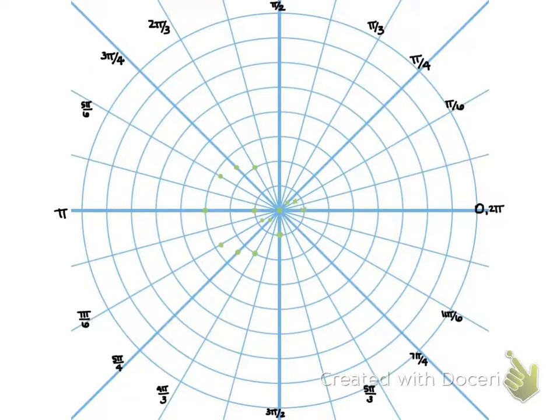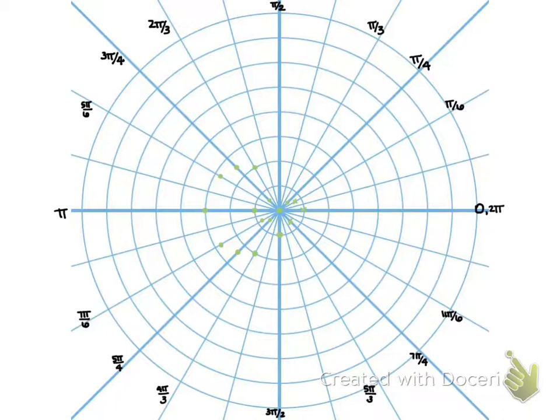So now I'm at 7 pi over 4, so I go down to my 7 pi over 4, and that is going to be at negative 0.4. So it's going to be about right there. But it's negative, so I'm going to shoot through to get to my negative 7 pi over 4 at about 0.41.